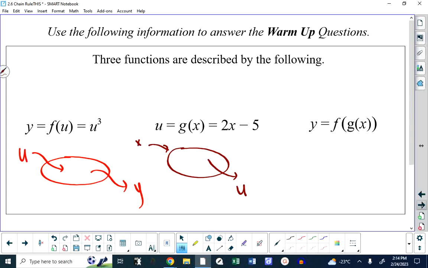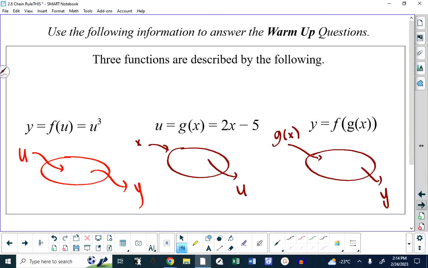And then I also have y equals f of g of x. What does that mean? It means I have a function in which g of x goes in and y comes out. But with a little bit of thought, you will see that the first function and the third function are the same.